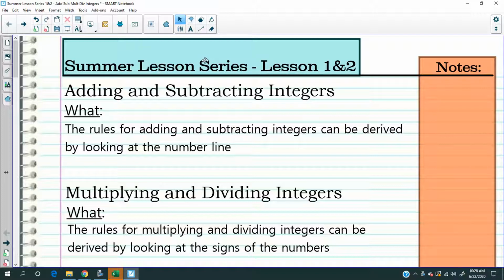For this summer lesson series, we're going to be looking at 4 different things. The first 2 lessons are on integers. And then the next 2 lessons are on statistics and then equations, respectively. The goal for you is to watch 1 video per week and then do the questions for the rest of the week, or actually study, because some of these videos are going to be fairly long, and it's going to require you to practice and study constantly.